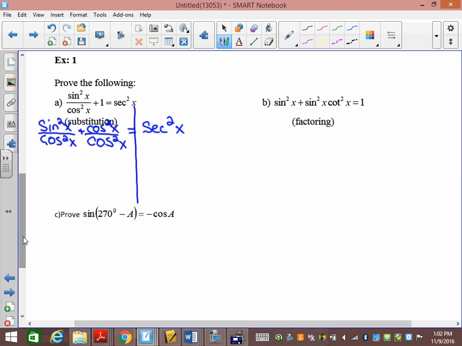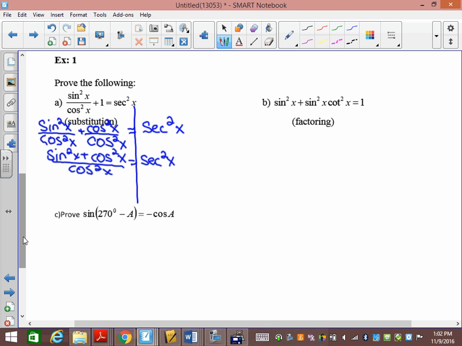Now, I'm going to get sine squared x plus cos squared x all over cos squared x equals secant squared x. What can I do?